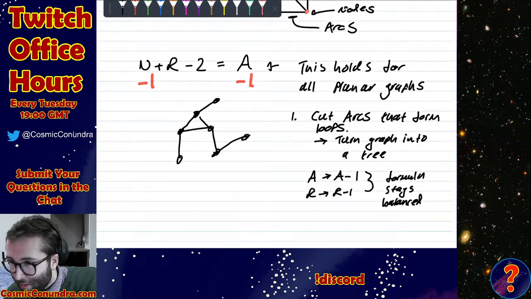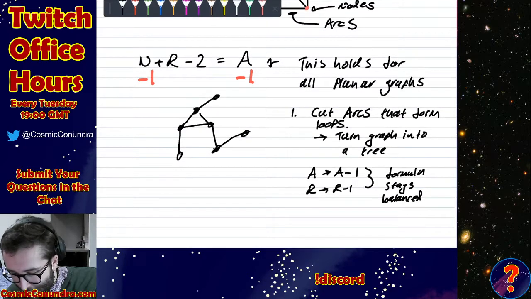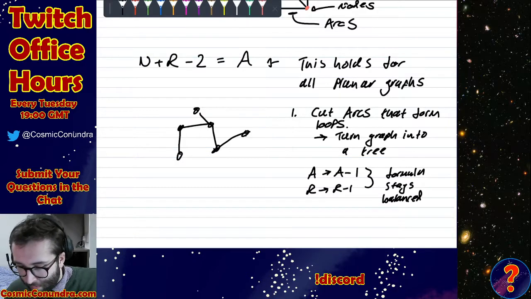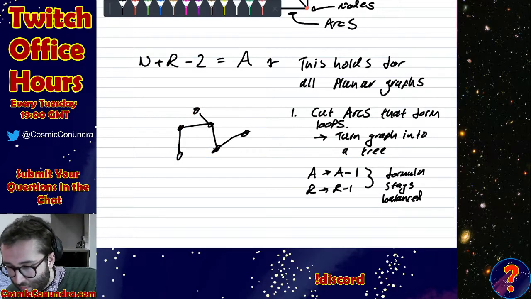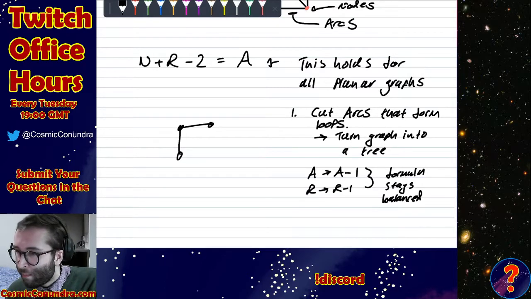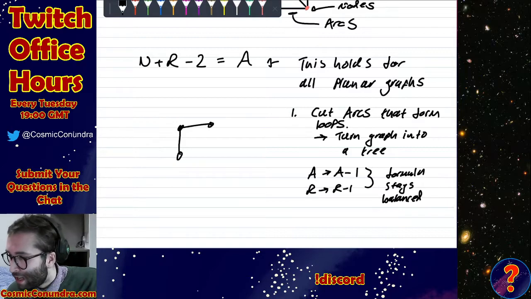So you can see that in doing this, we can slowly get rid of the entire graph. Well, that was the cycle I kept in earlier as an example, but I would have gotten rid of that before usually. But you can see if we keep reducing the number of arcs and nodes by 1, eventually we've demolished the graph. But the whole way through demolishing it, it stays true.